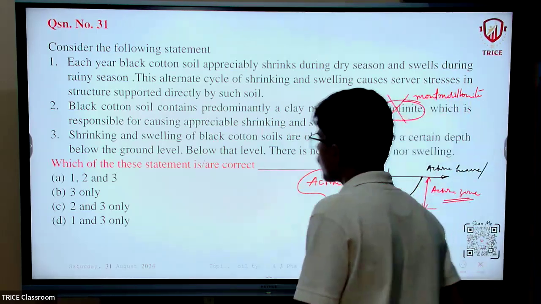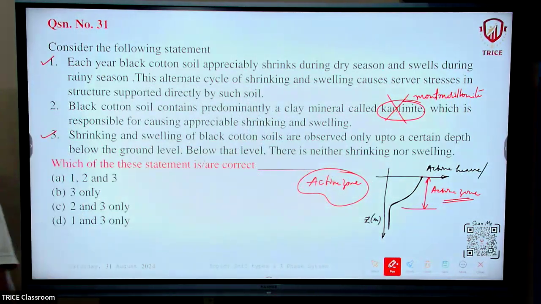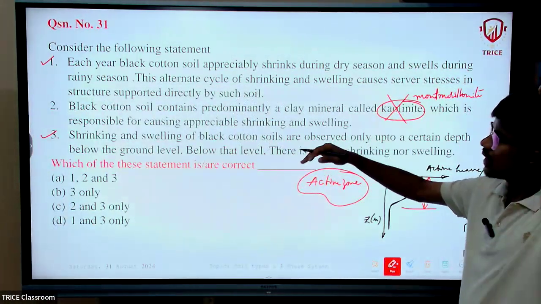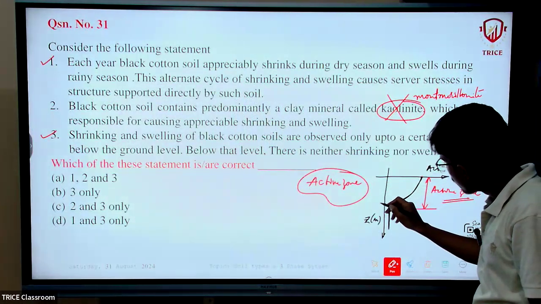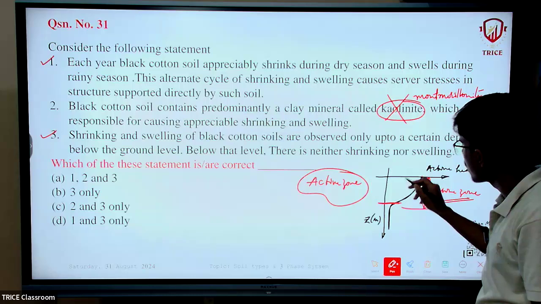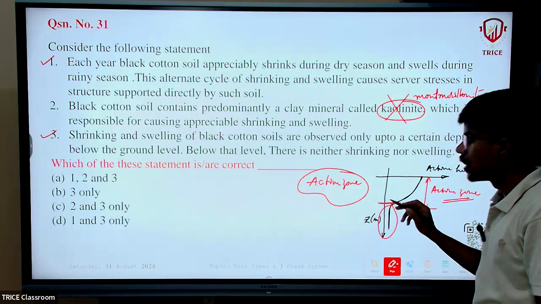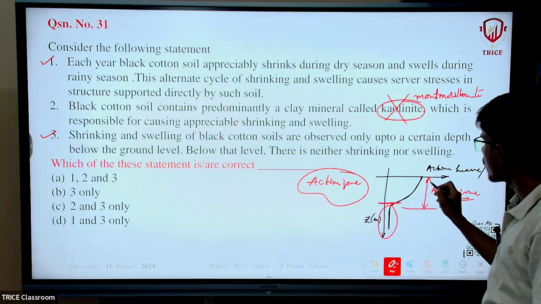Therefore, conditions 1 and 3 are satisfied, as you can observe from this graph. Even if the water table lies above that depth, the soil shrinks and swells only up to this zone, and after that it remains the same. In foundation design, we should always check the active zone depth.